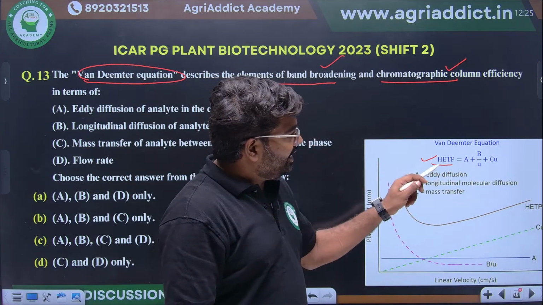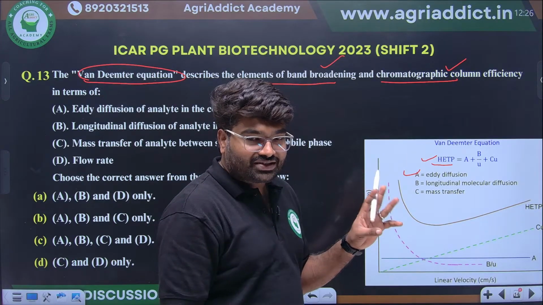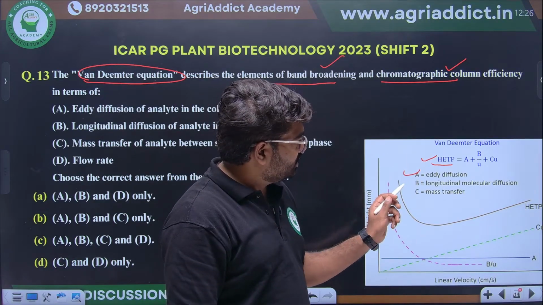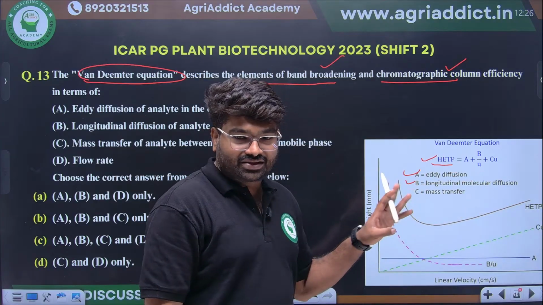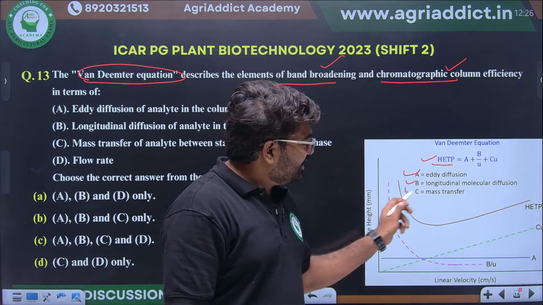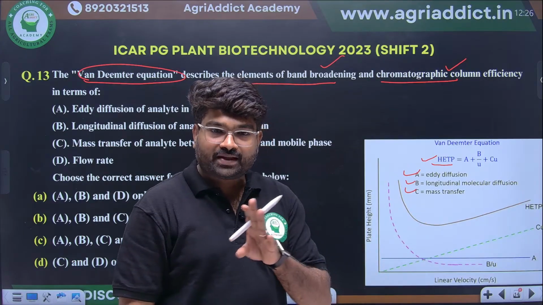Here A means eddy diffusion. These are all different terms. B is longitudinal molecular diffusion. These are all concepts. C is mass transfer between the mobile phase and the stationary phase.